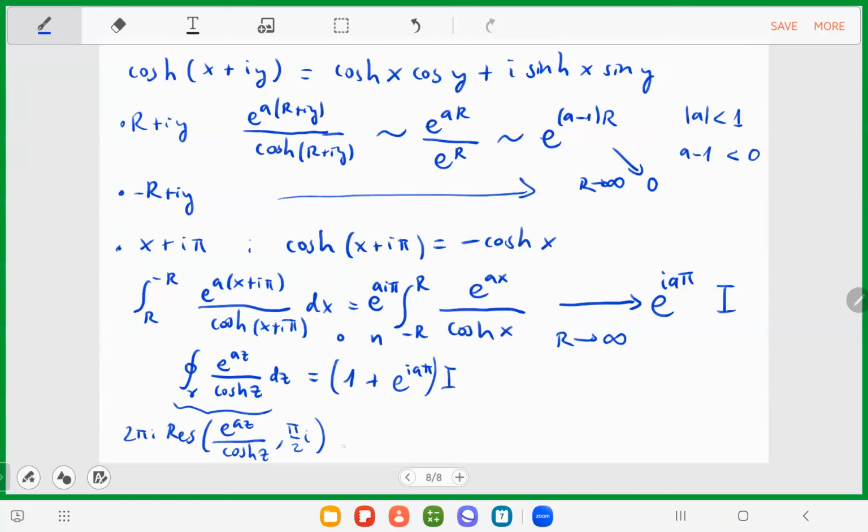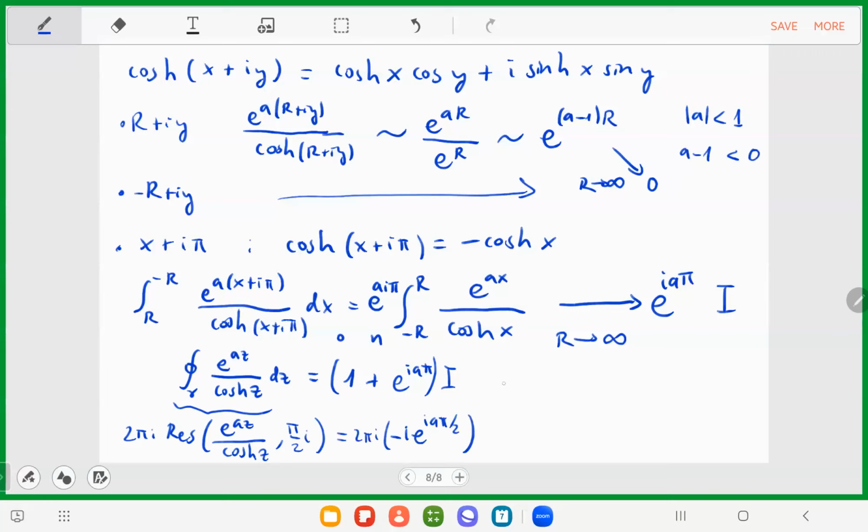I think we did something similar before. Remember that we put the full function here. So we have 2πi, and the residue is minus i exponential of iaπ/2. You can calculate it again if you want.